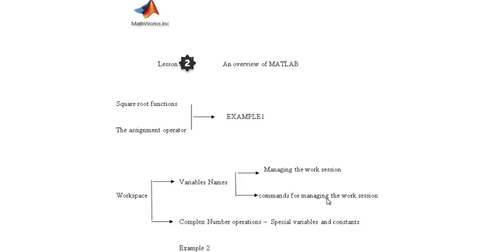And then the last one is the complex number operation, which is nothing special: variables and constants, where we also declare some variables and some constants. And then the last one is the example, so that you can see more clearly what we are talking about.